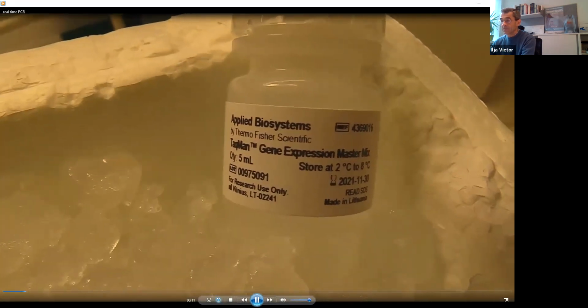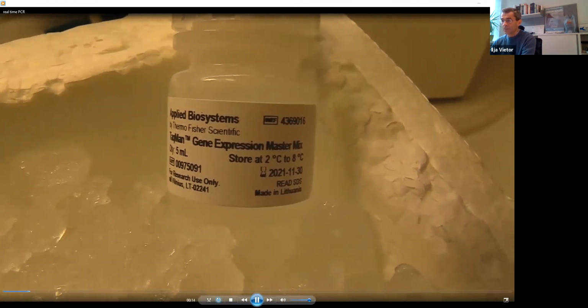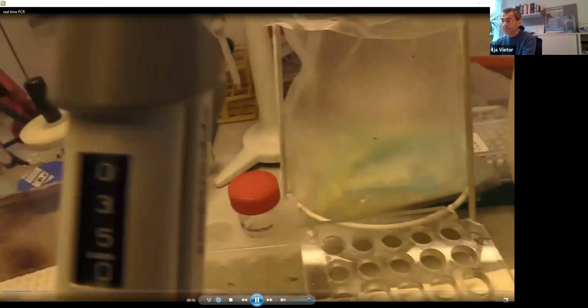And you mix this gene expression master mix with the specific TaqMan probe for your gene of interest. So it will be 7 times for DLK1 and 7 times for GAPDH. It has to be kept on ice.